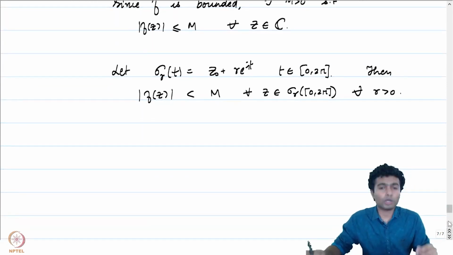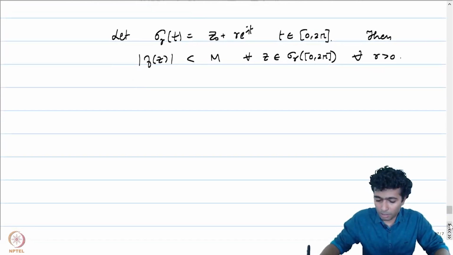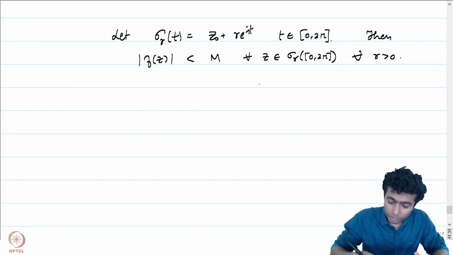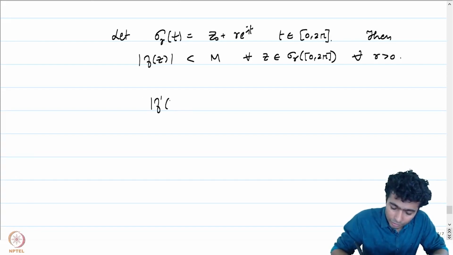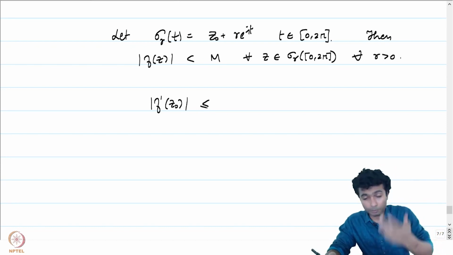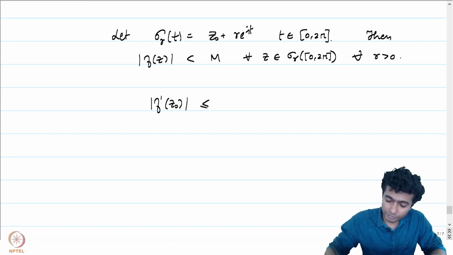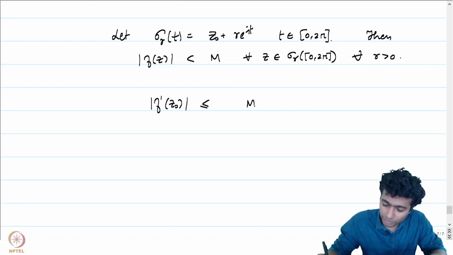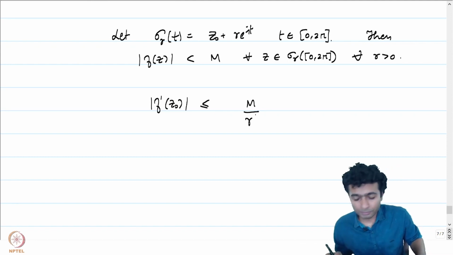Now, let us bring in the Cauchy estimates to bound the absolute value of f at the point z0. By the Cauchy estimates, mod f prime of z0 is less than or equal to the supremum of f on the circle of radius r, which is bounded by capital M anyway. So, this is less than or equal to capital M into 1 factorial by r to the power 1, which is M by r.